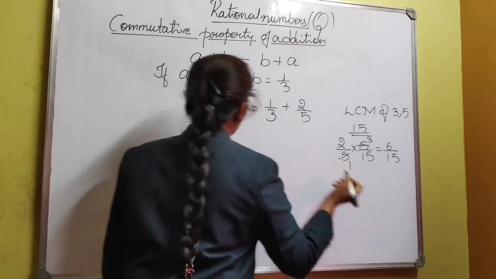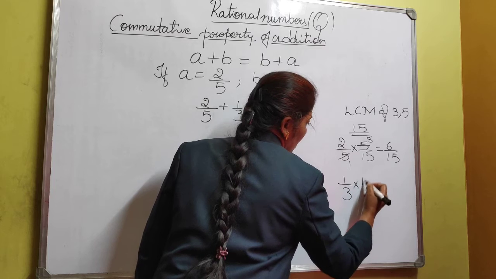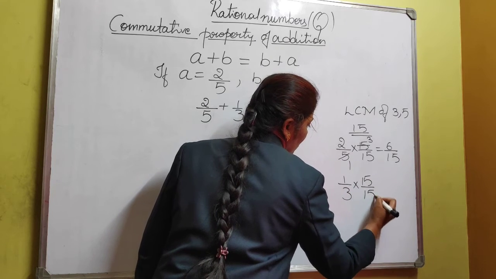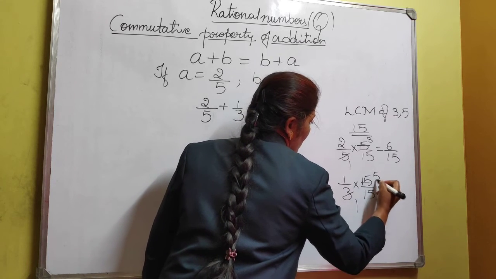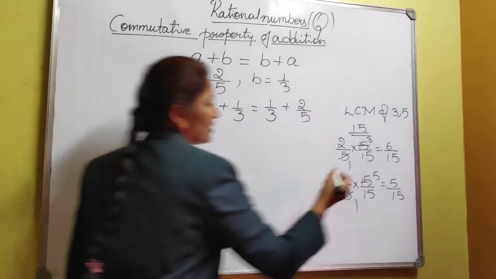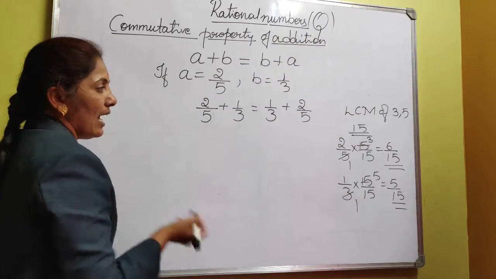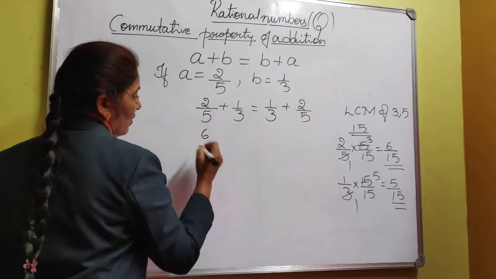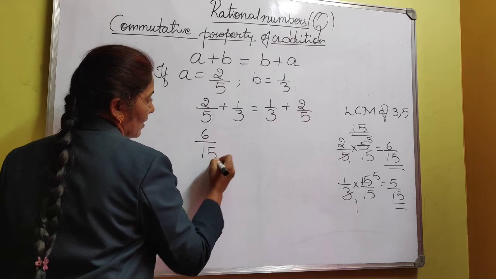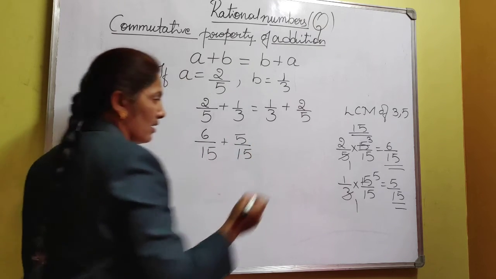Again we will equalize 1 by 3 here. 1 by 3 multiplied by 5 by 5 gives 5 by 15. We can see that the denominator values are now the same, so let us add them. 2 by 5 is 6 by 15 and 1 by 3 is 5 by 15.